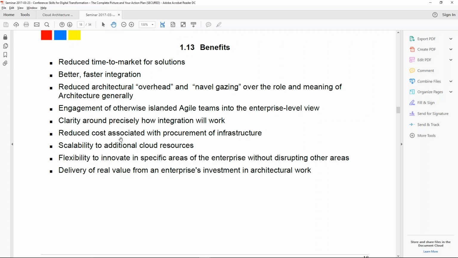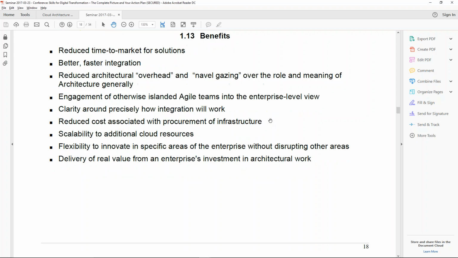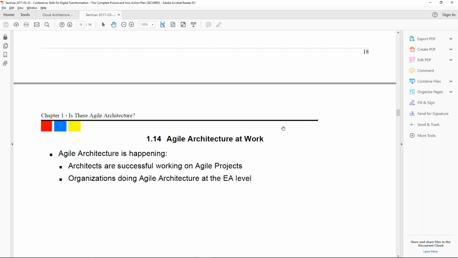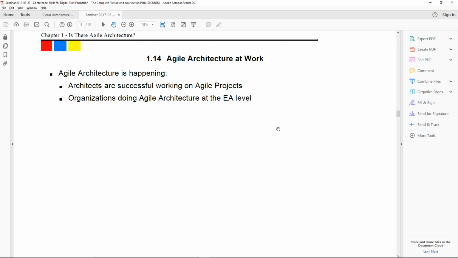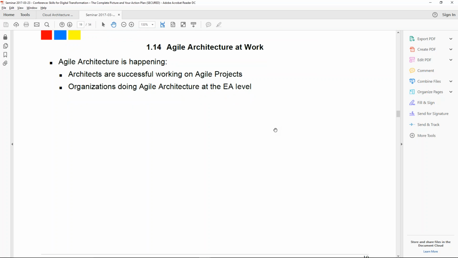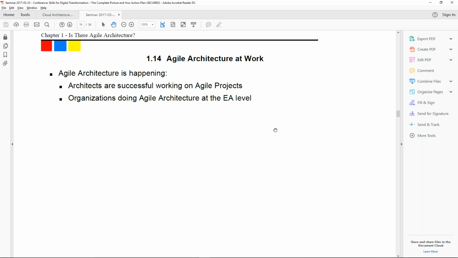Focus on integration outside the teams, setting up generic approaches to how we handle infrastructure, how we handle scalability, and making room for innovation in some places where we might not disrupt other ones. When you're seeing a lot of Agile architecture, a reasonable chunk of Agile architecture simply means we get architects into Agile projects.